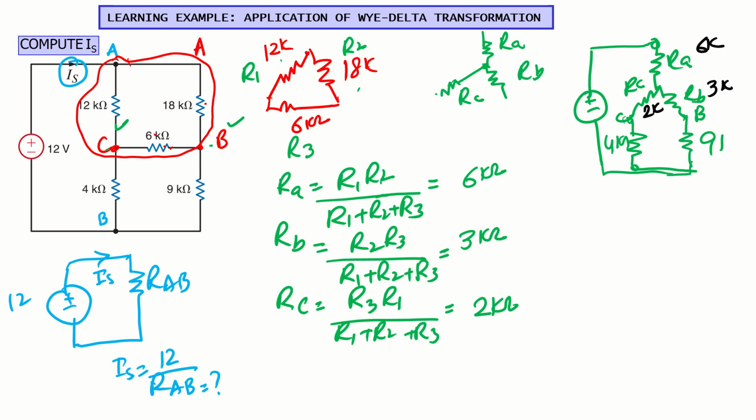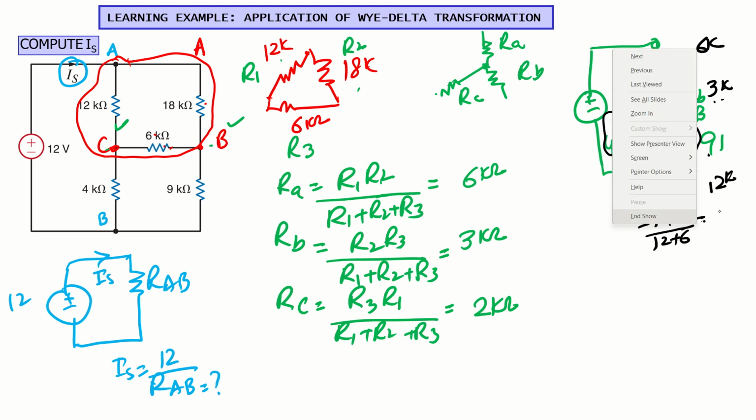Now if you look at this circuit, what we can see here, this 9 and 3, they are in series. So 9 and 3 in series, that will become 12, right? This 2 and this 4, they are in series. So 4 plus 2, 6. So I have a 12K here because of this, and I have a 6K here because of this. So 12 and 6 will be in parallel. So 12 and 6 in parallel, 12 times 6 over 12 plus 6.